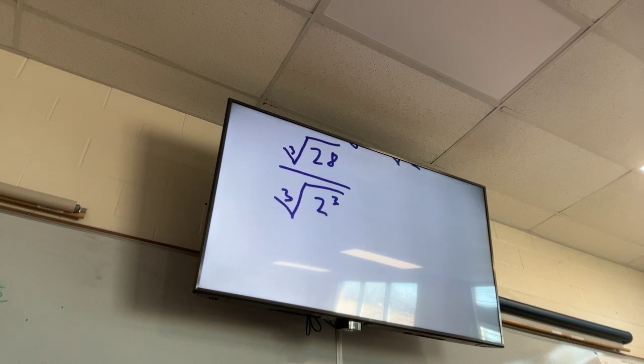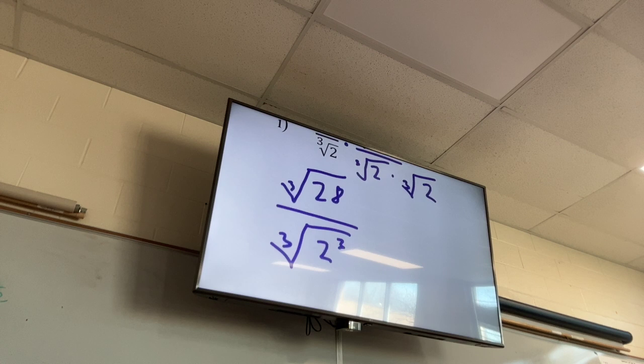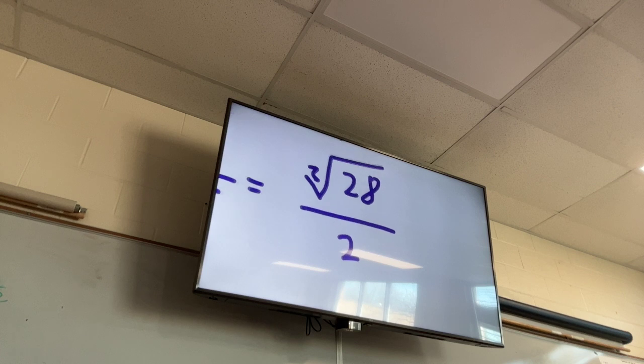By doing all 3 of those 2's, 2 times 2 times 2 is 2 cubed, right? That cube lets me cancel. A cube and a cube root cancel. So then I'm left with cube root of 28 all over 2. So I have no radical in the bottom.